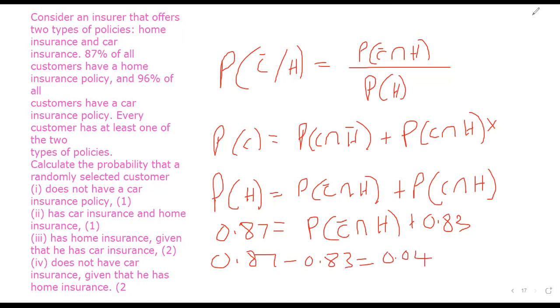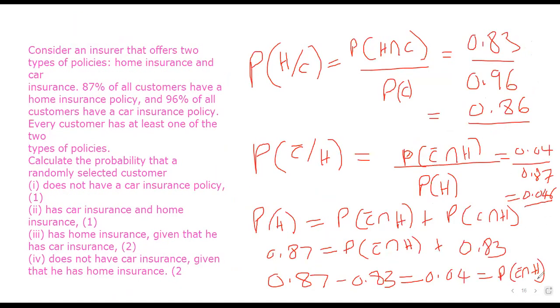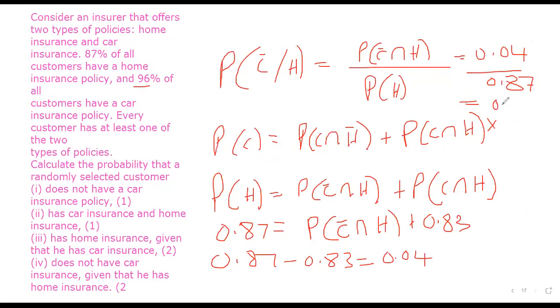This comes here, 0.04, and the probability of H we already have is 0.87. When you divide 0.04 by 0.87, we get 0.046. Is that clear? Yes, thank you. You're welcome.